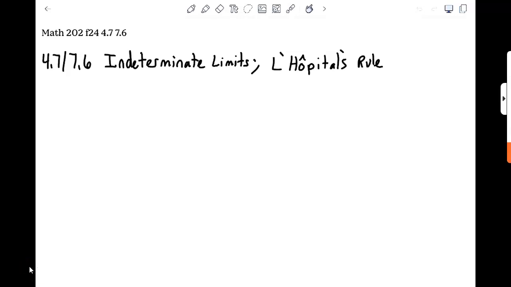All right, welcome back. In the upcoming sections here, 4.6 and 4.7, we're actually going to talk about what are called indeterminate limits. You've actually encountered some of these before, and there were certain ways of dealing with them.